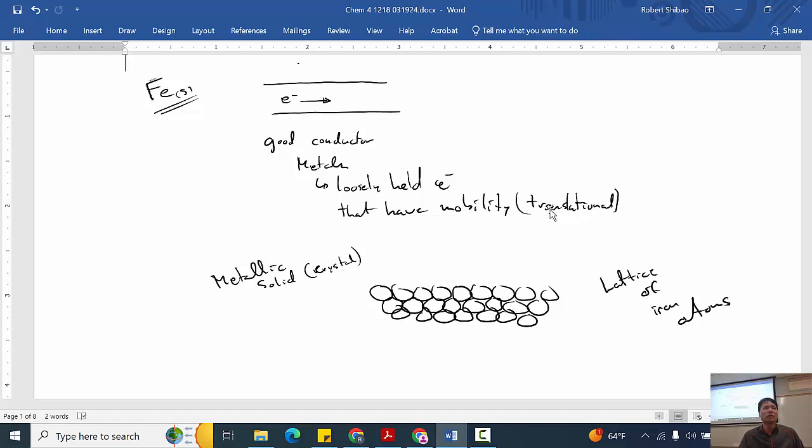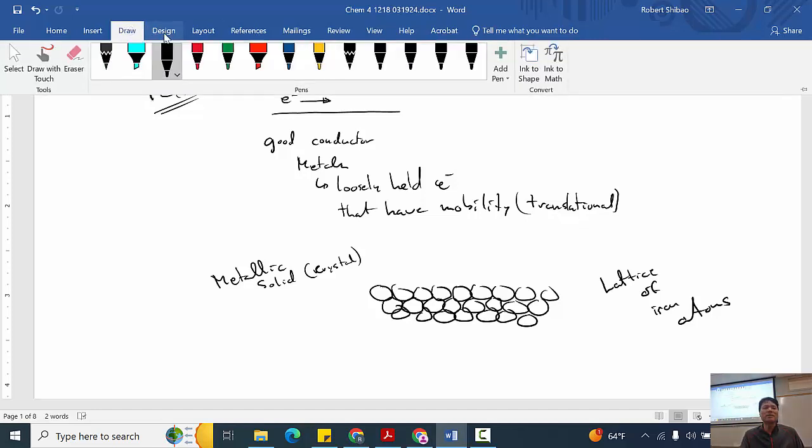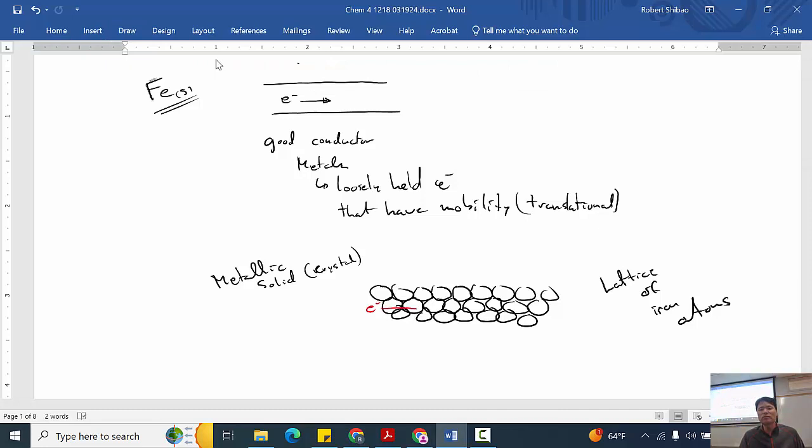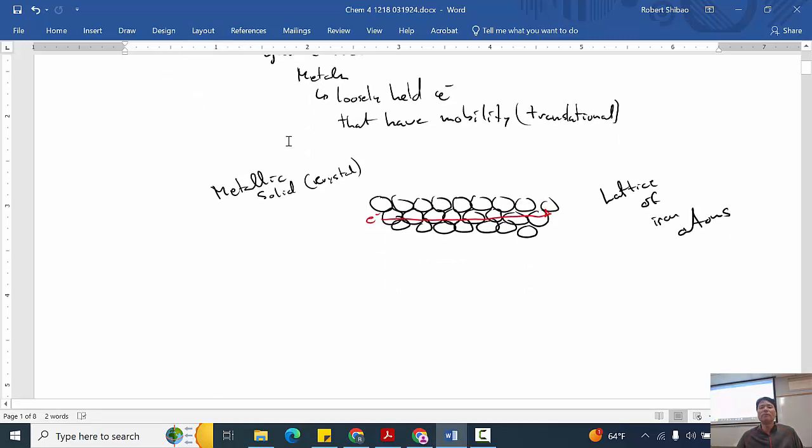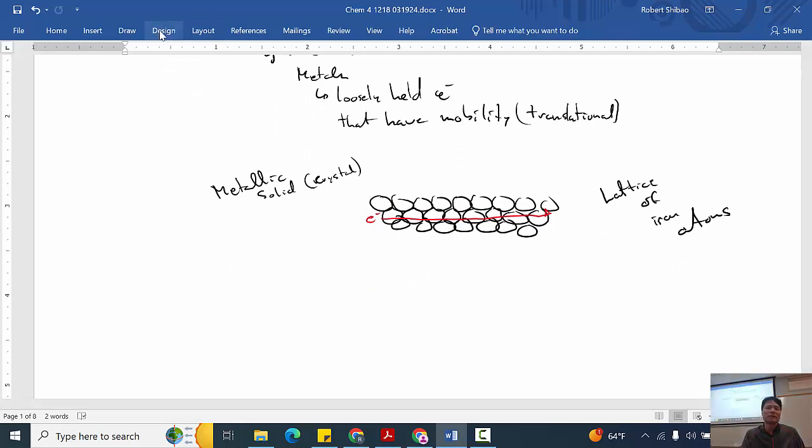No, it's just a lattice. What happens is this is like an empty room, and the electrons can just flow right through this lattice. There is very little of what we call resistance.